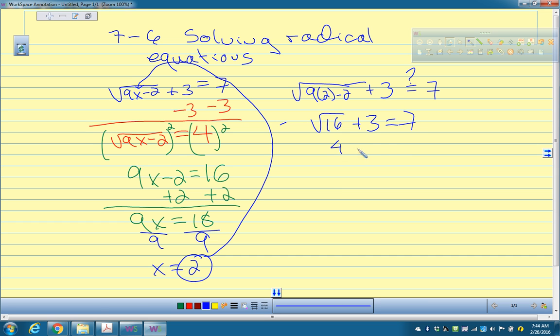That's 4 plus 3 equals 7. So yeah, it works. But you always have to check to make sure it works. All right. You ready to try one? Okay. So here we go. You try.